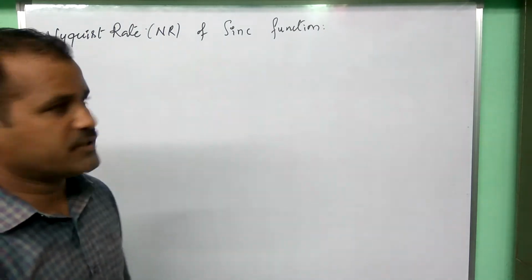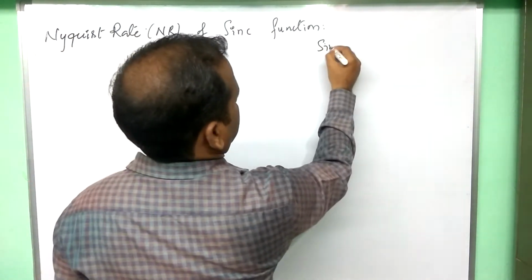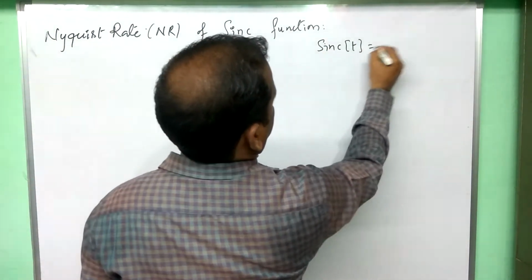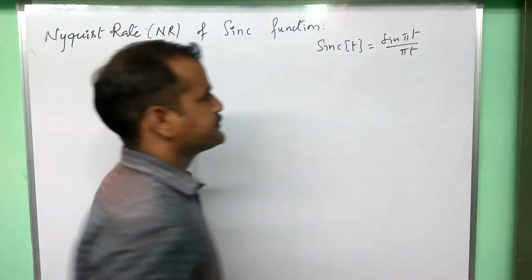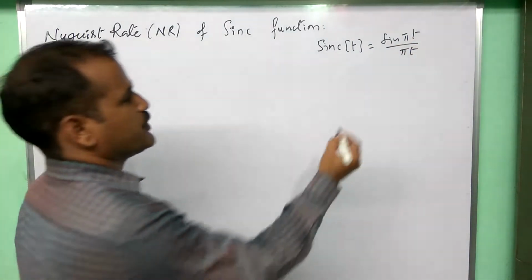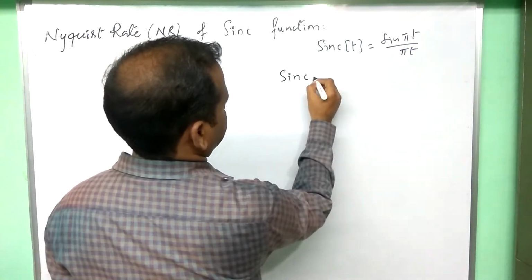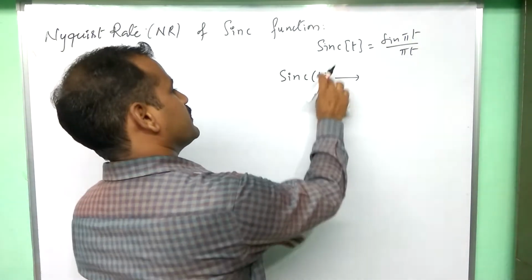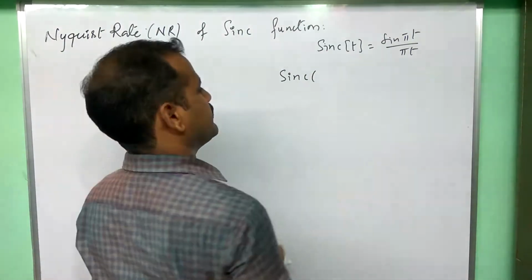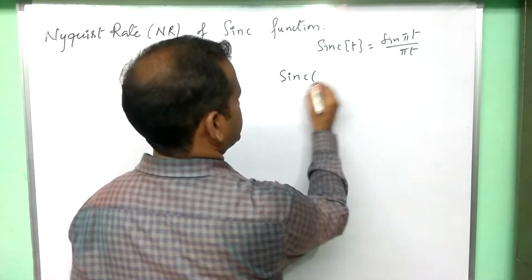What is the sinc function? We know that sinc of t is sin pi t by pi t. And for the Fourier transform of the sinc function, we must recall, let us take some constant multiplied by t because that was asked in the GATE examinations.